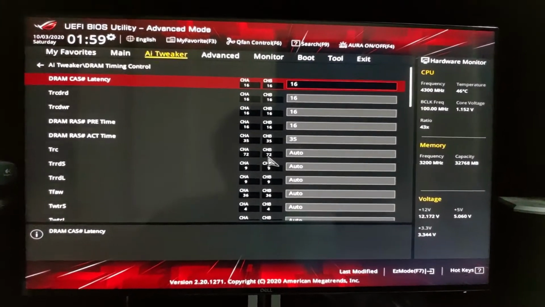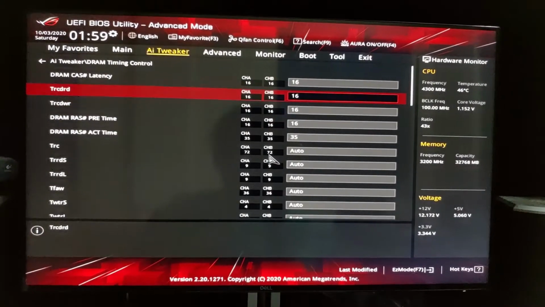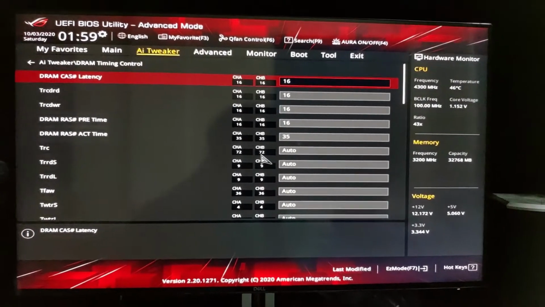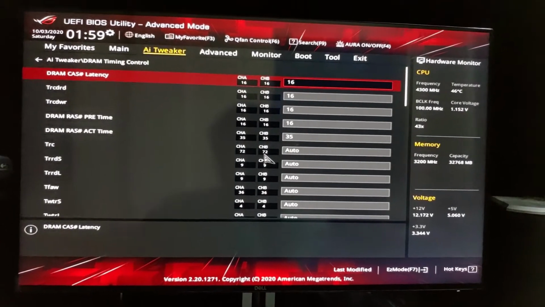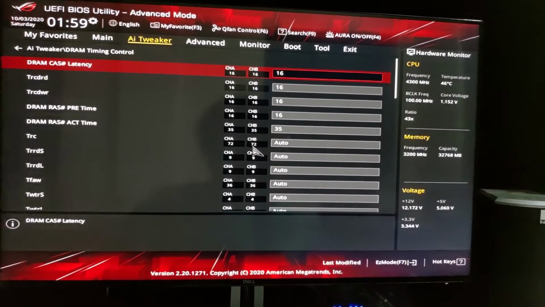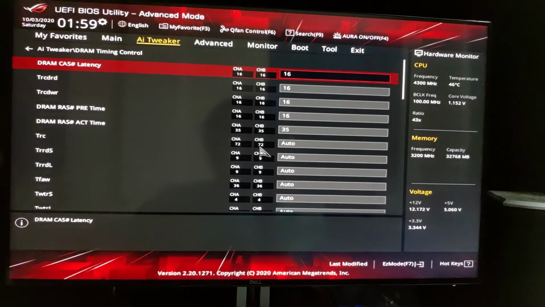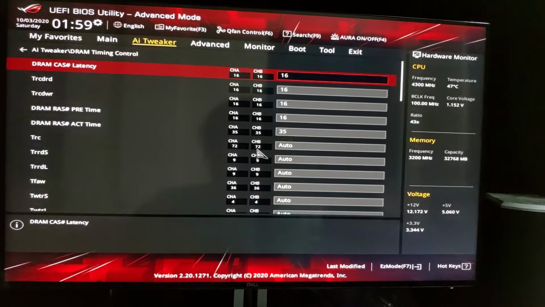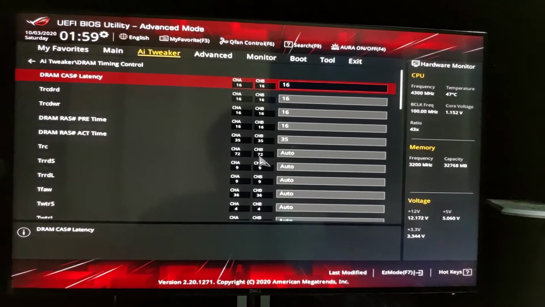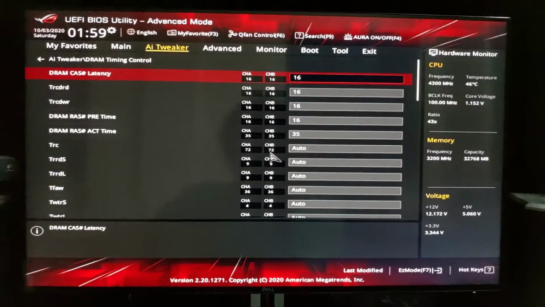I believe it's common sense that you would like these timings to be as low as possible. That will ensure the best performance, because the lesser the time gap between the write and the consecutive read operation, the faster your RAM operations are going to be.